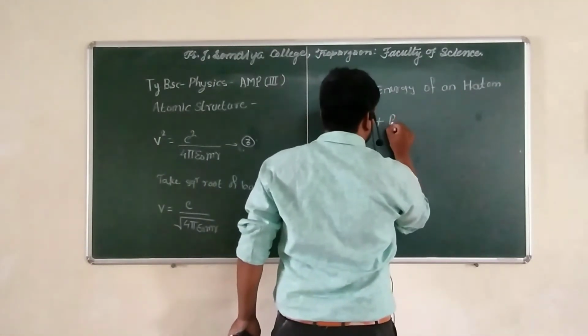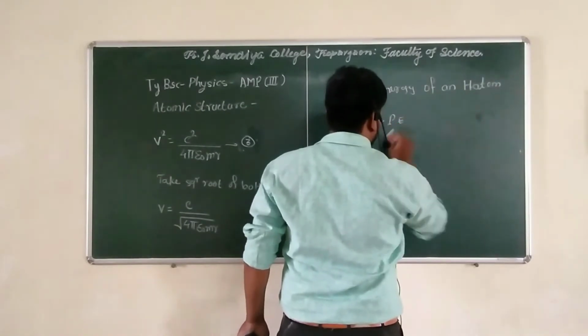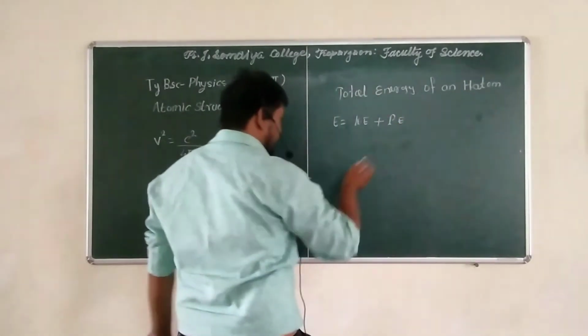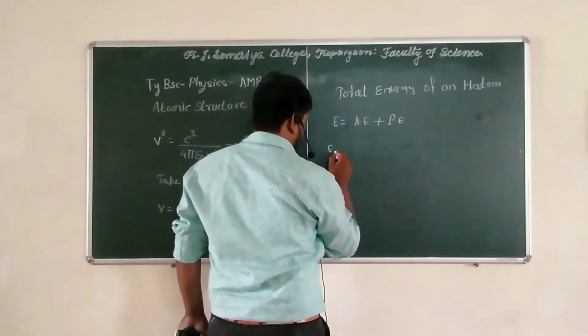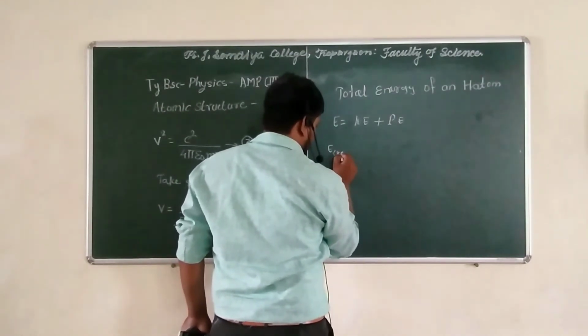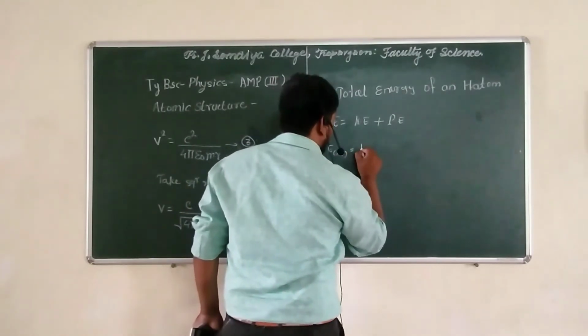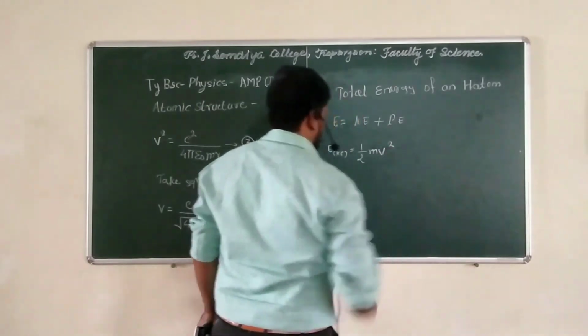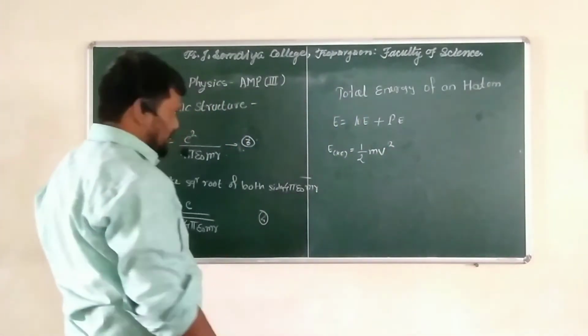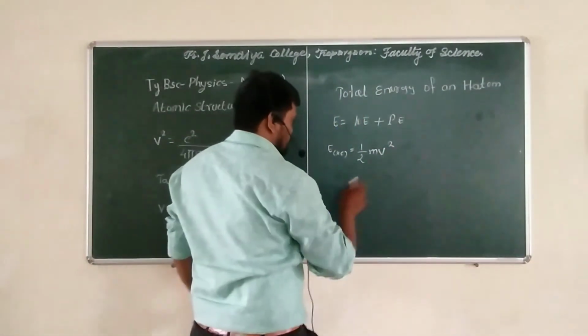plus potential energy. Kinetic energy is half m v squared, and putting this v value in this equation, we get the value.